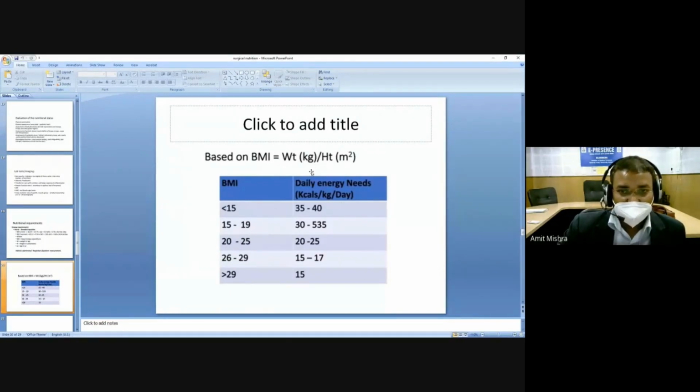This is easy to remember, because height could be 2 meters, but weight could not be 2 kg. Students often forget it, so to remember: weight in kg upon height in meter square.